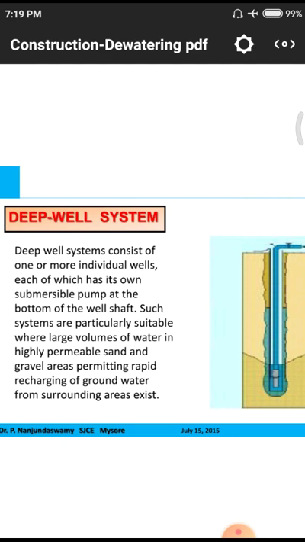First of all, these deep well systems consist of one or more individual wells. If the soil has a small quantity of water, automatically one well is sufficient. If the soil has a huge amount of water, and the total area is large, that means a huge area is there and a huge amount of water is also there, we have to go for more individual wells.